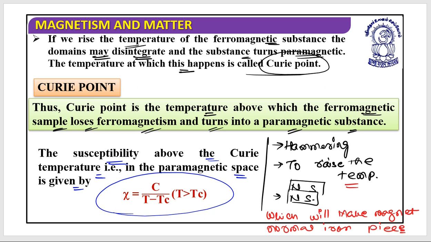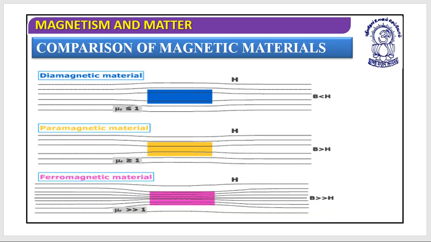Now let's compare the magnetic materials in one frame. When a diamagnetic material is there, the magnetic field lines tend to pass through air in more regions and less through the diamagnetic substance.